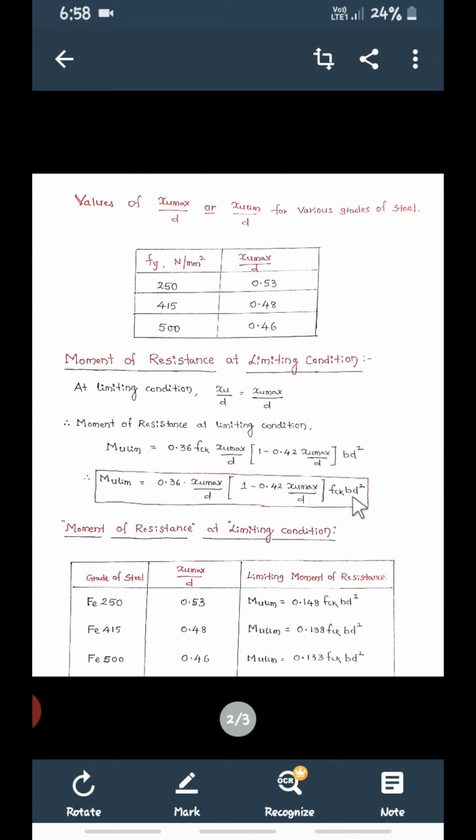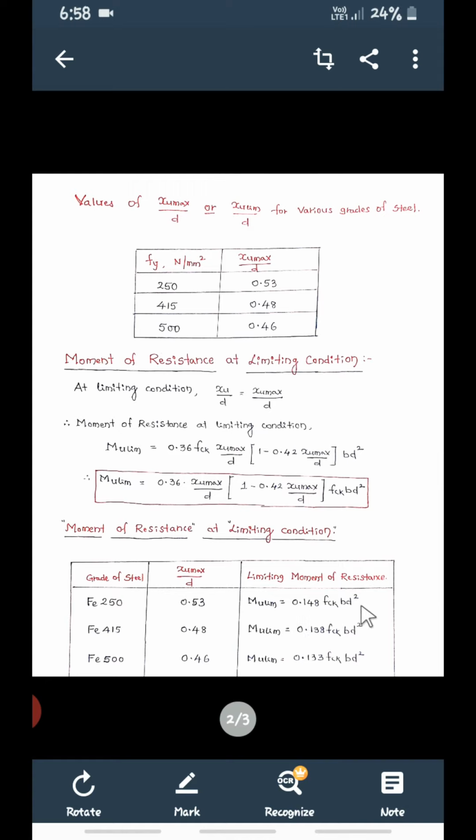The remaining things you can keep as they are. Wherever Xu max upon d is there, substitute 0.53 for 250. What are we going to get for Mu limit? Mu limit is equal to 0.148 fck bd square.